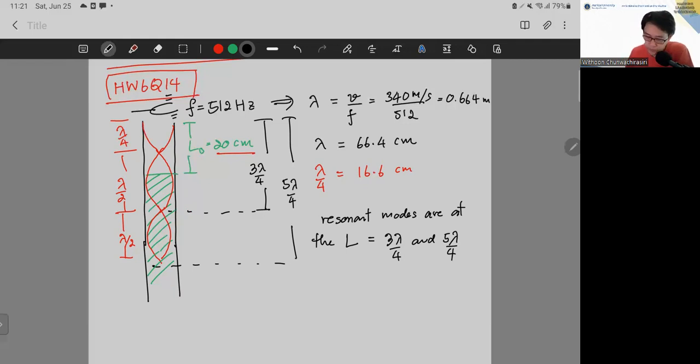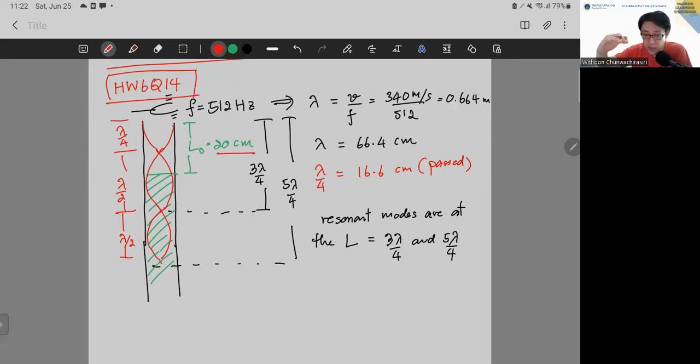Cool. So this one is already passed. You're starting the air column level at 20 centimeters, so you already passed the first possible resonance mode. You have to lower the water down until the air column hits the length of 3 lambda over 4. That's when you hear the next resonance mode.